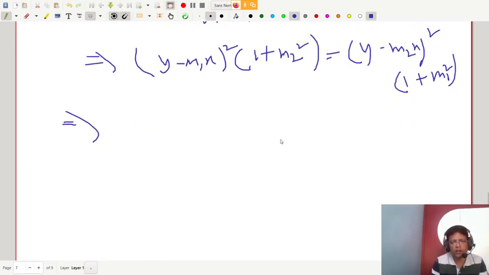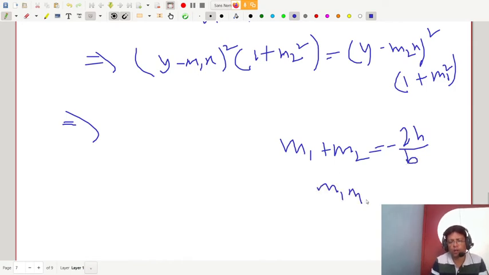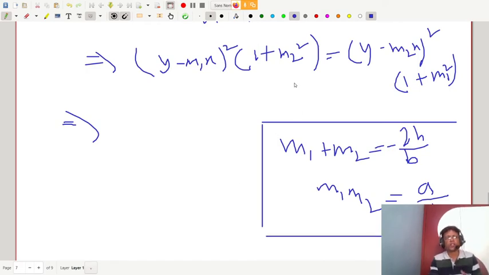What are the relations? m1 plus m2 is minus twice h over b, and the product m1 m2 is a by b. That is the relation between m1 and m2, their sum and their product. So after the expansion, I'm just giving you a hint on how to find the bisectors.